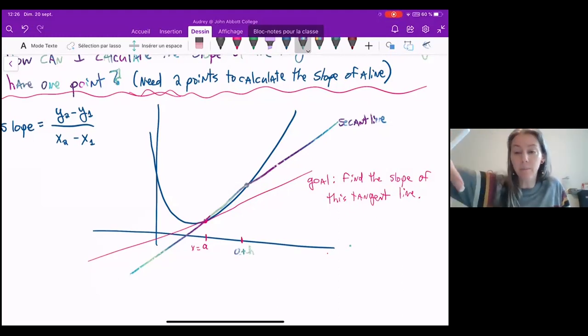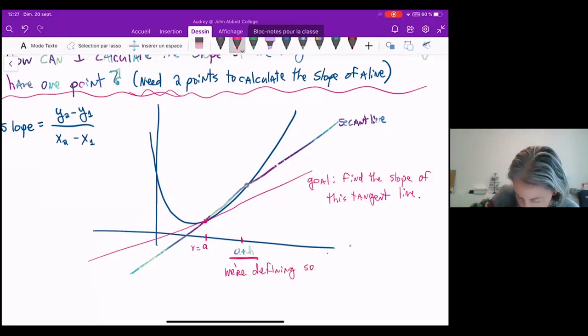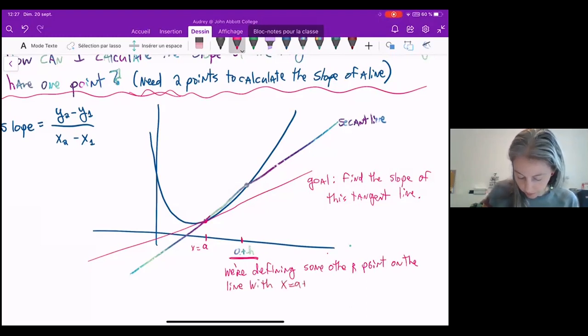We're just adding something to A to make it further away from A. So in other words, we're defining some other point on the line with x equals a plus h, where we're just adding some small value to the x value.